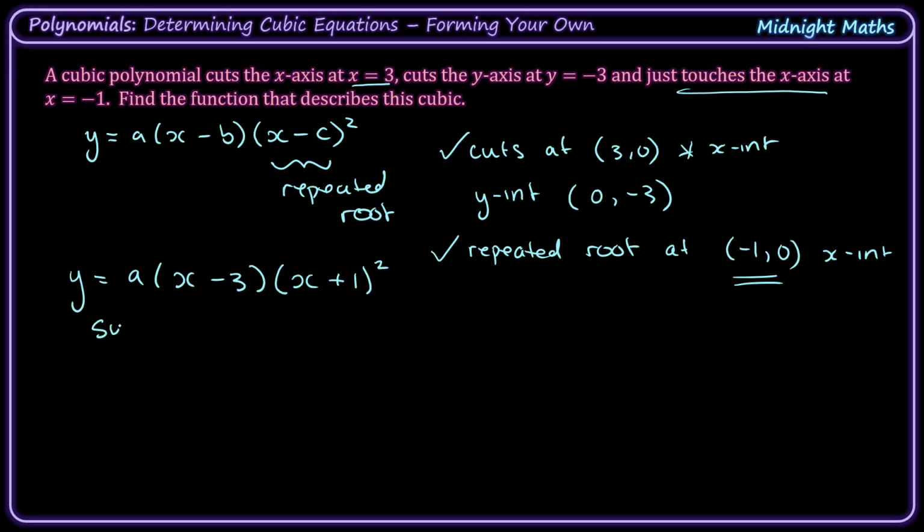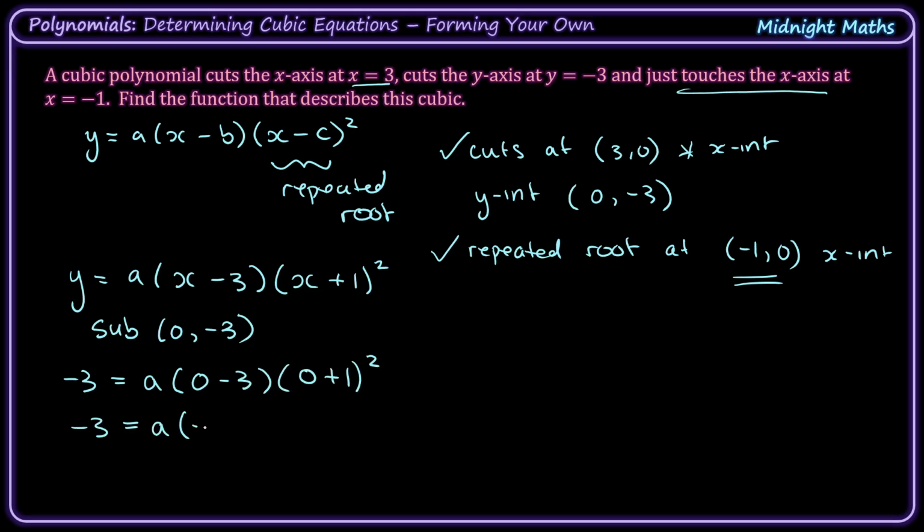So let's substitute 0, minus 3, which is like letting x equal 0 and y equal minus 3. So I have A times 0 minus 3, 0 plus 1 squared. Minus 3 is equal to A times minus 3, and 1 squared is just 1, and I can actually just erase this because it's still the same, and I can divide both sides by minus 3, giving us A is equal to 1.